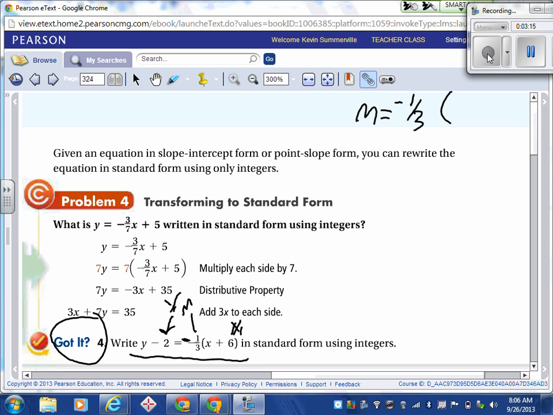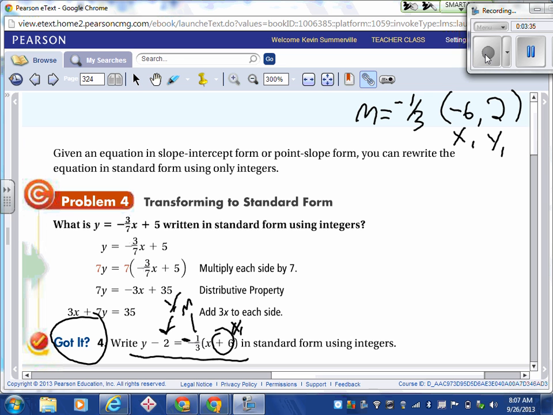And then I have my x1, y1. And this is my y1. This is a negative 2. I need to take the opposite. So my y1 is 2. My x1 here is a plus 6. So I'm going to make that a negative 6.